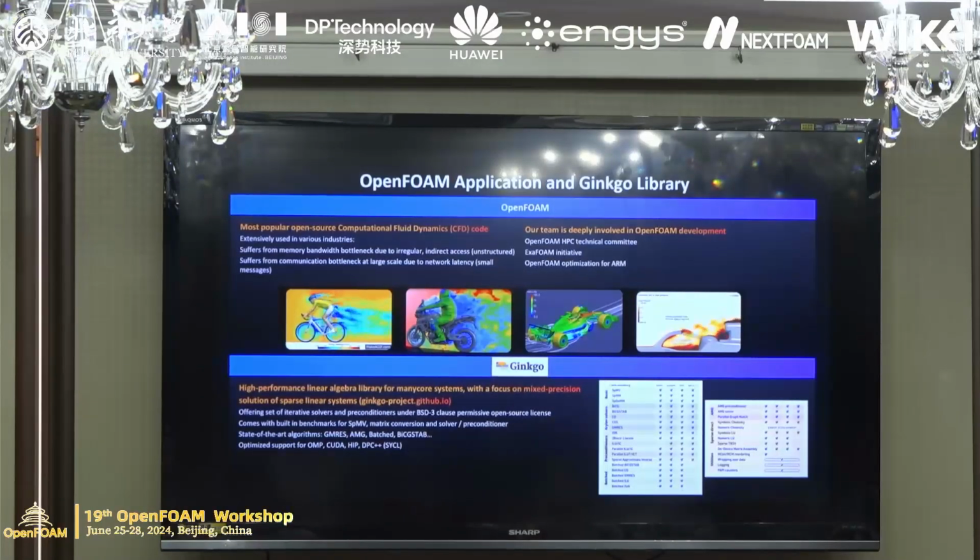In order to implement our solver within OpenFOAM, we use the Ginkgo library. So you heard earlier about PETSc4FOAM and PETSc, there are other libraries available. Ginkgo is another one. Ginkgo is a high-performance linear algebra library that is designed to offload a lot of the work to accelerators, but works also on CPU.